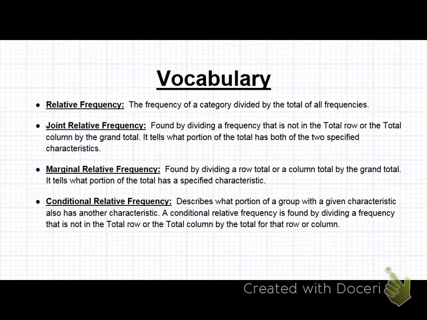A conditional relative frequency is found by dividing a frequency that is not in the total row or total column by the total for that row or column. So, for example, let me explain this to you. There are 15 girls in here, okay? And let's just say that I don't care about the 30 students.